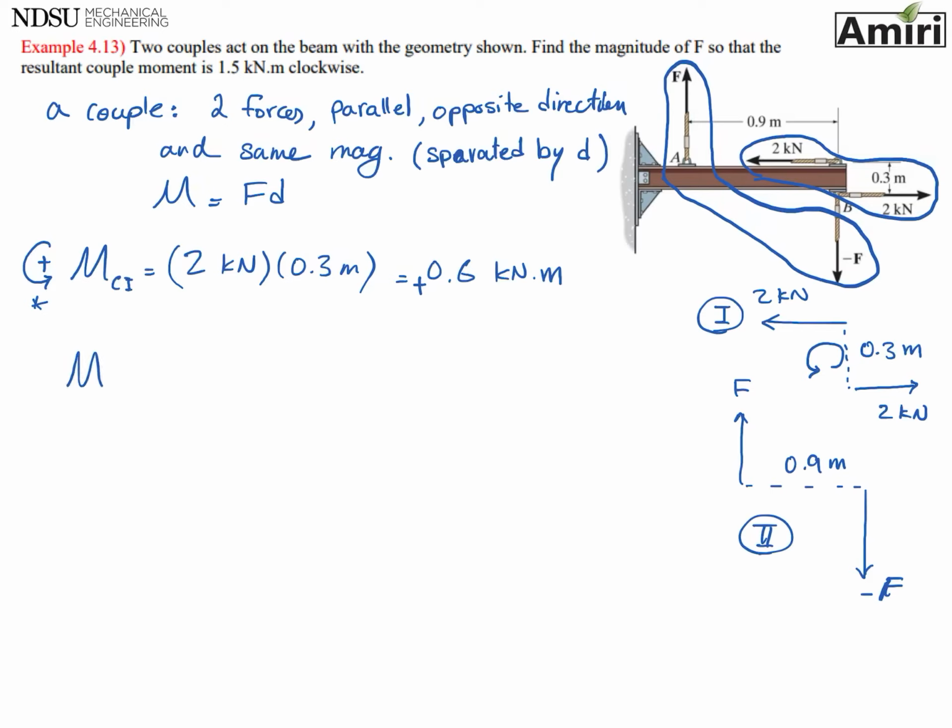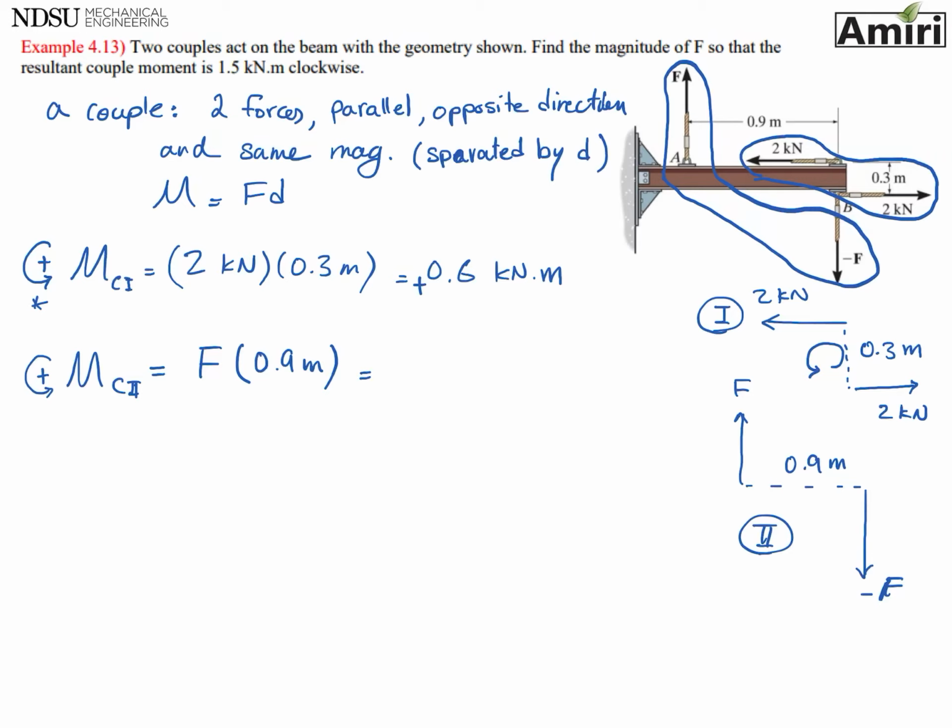Okay. Moment of couple 2, if they rotate this way, I'm going to take positive. If not, I'm going to take negative. Equals one of the forces, F. We don't include that negative. And at the distance that they're located, which is 0.9 meters.